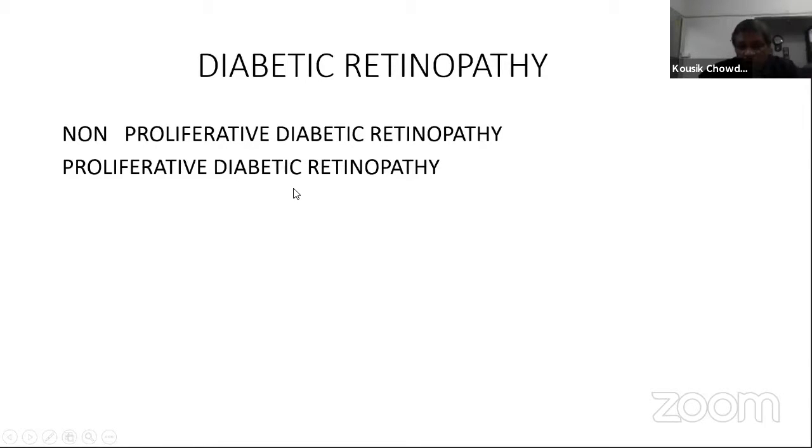So what are proliferative vessels? They are new vessels, present in proliferative diabetic retinopathy. We already know about the pathophysiology of the retinopathy: sometimes diabetic retinopathy hampers the blood supply of the retina.